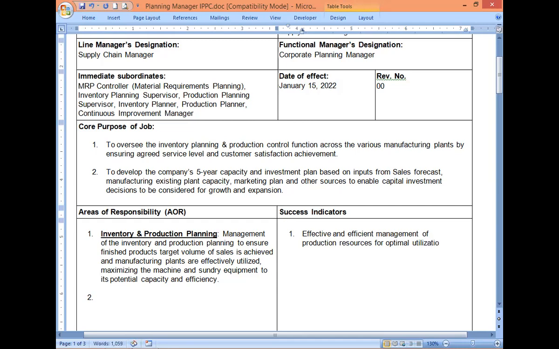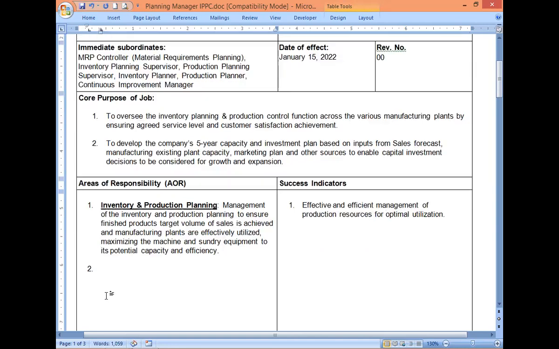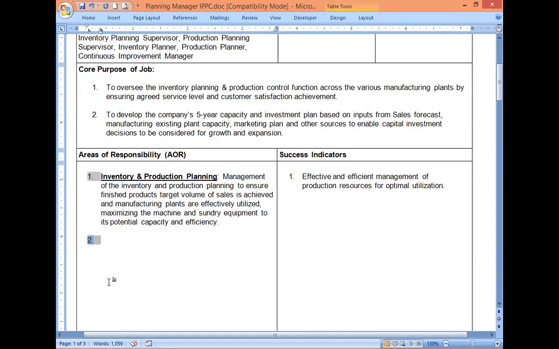So the idea here is for the planning managers to make sure that you have an optimized capacity. Okay, you rather maximize the capacity of the maximum power. That's the most important thing because it will have a direct impact on the COGS, cost of goods sold.